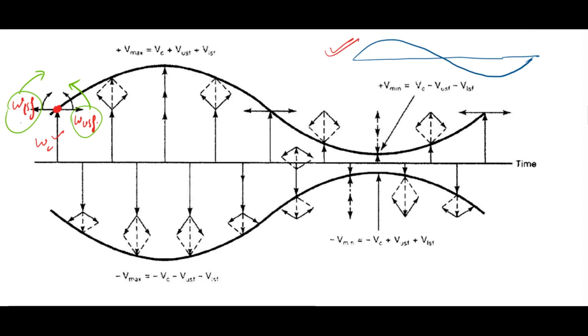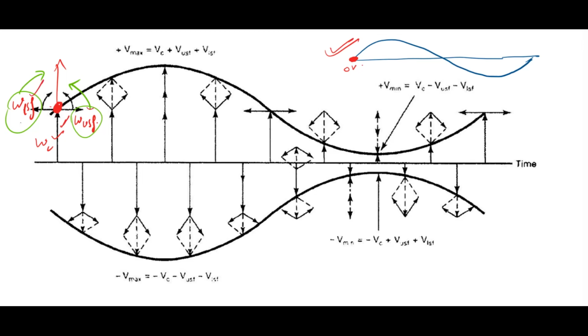Now suppose we are at this point. Here the amplitude value of the message signal is 0 volts, so we can only have the amplitude of the carrier.